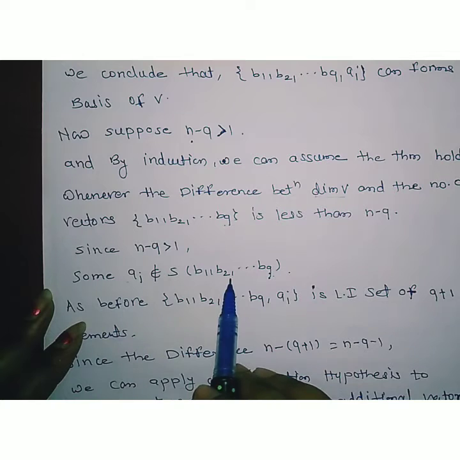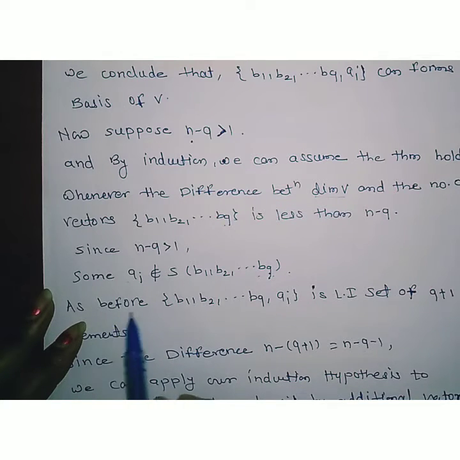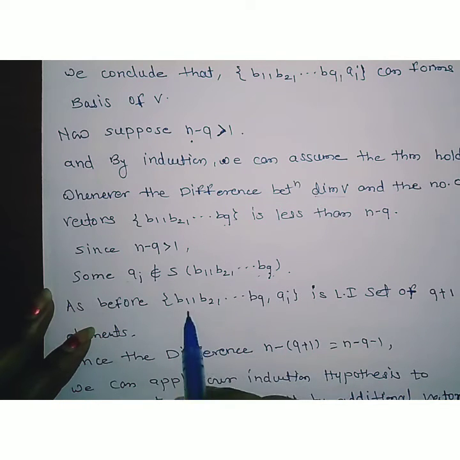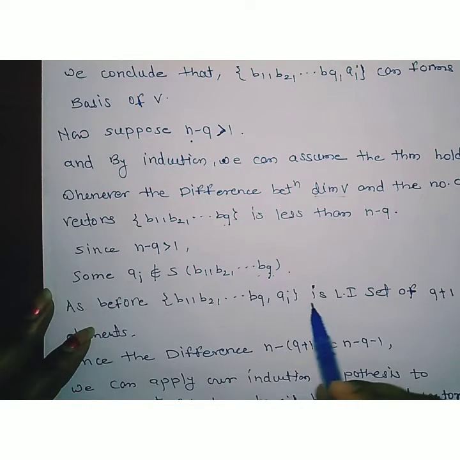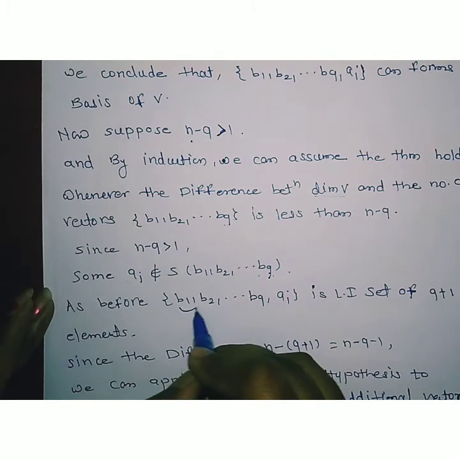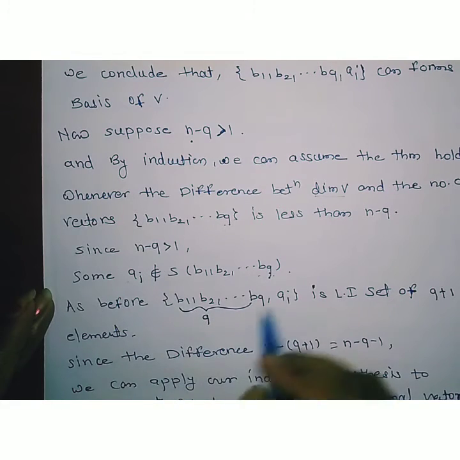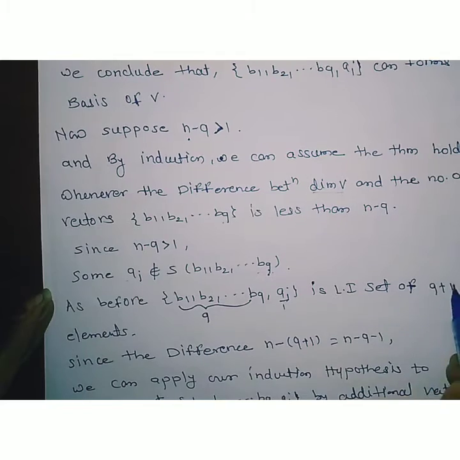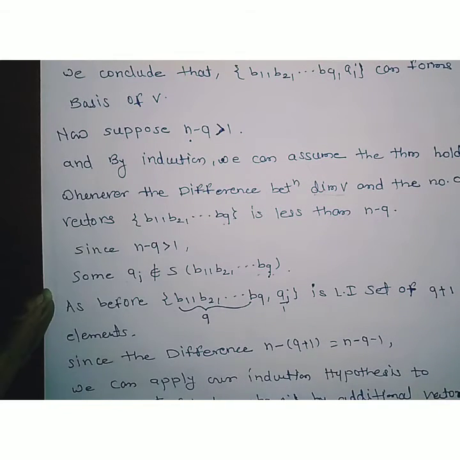Therefore, adding this vector to that set gives again a linearly independent set. So as before, b1, b2, ..., bq, ai is a linearly independent set of q plus 1 elements.